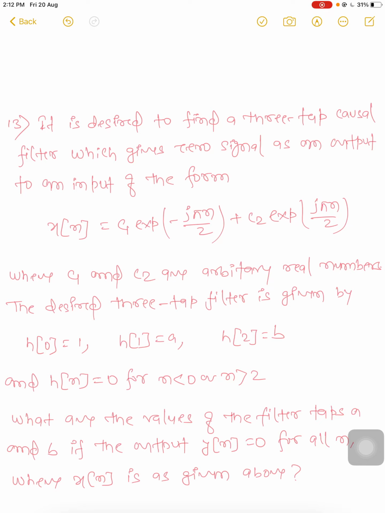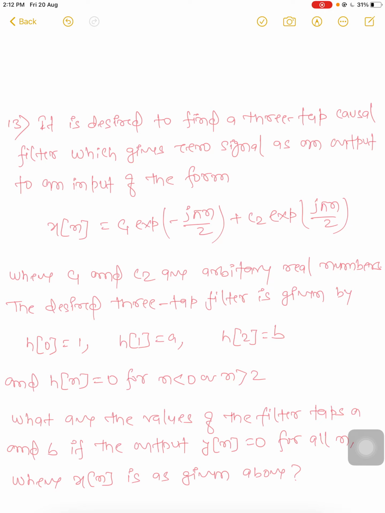It is desired to find the 3-tap causal filter which gives zero signal as output to an input of the form x[n] = c1 exp(-jπn/2) + c2 exp(jπn/2), where c1 and c2 are arbitrary real numbers.